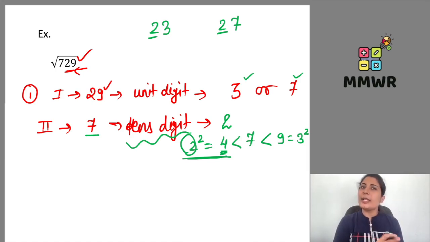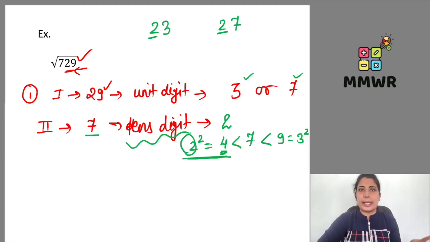But if we are not getting, then for 27 we may get. If we find out the square of 27, and if it is 729, that means 27 is the square root of 729.